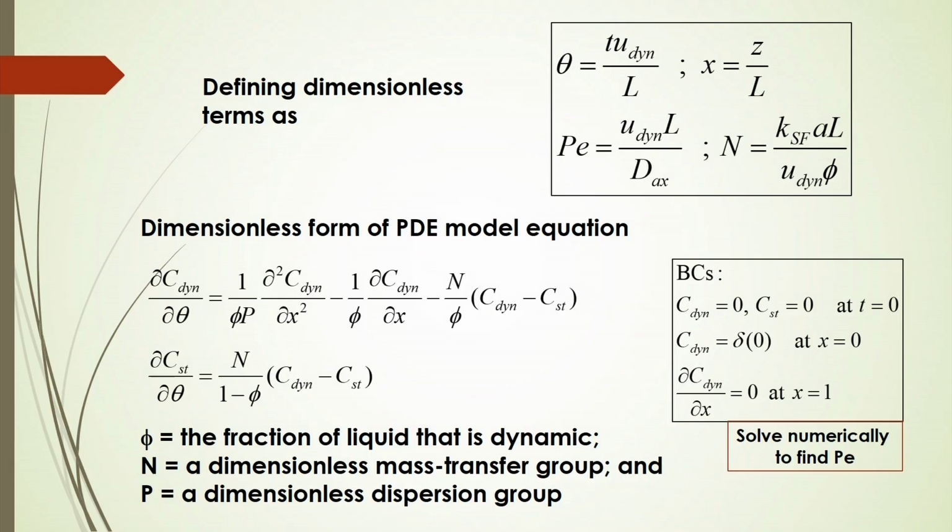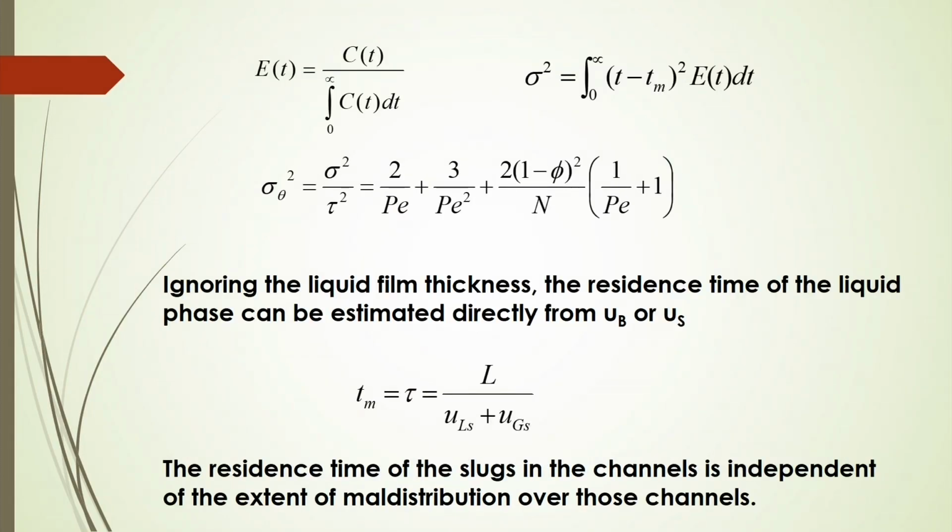Based on this model, you first calculate the E(t) and the C(t) as given here, and then, by the moment method, you calculate sigma square, the variance of the model. Once you know that variance, you can correlate it with the Peclet number.